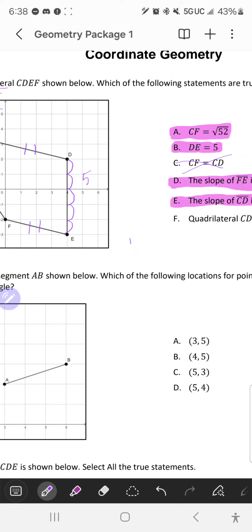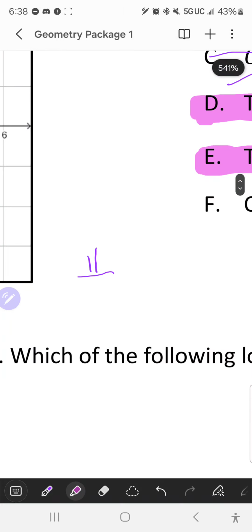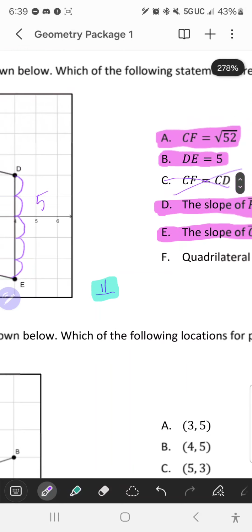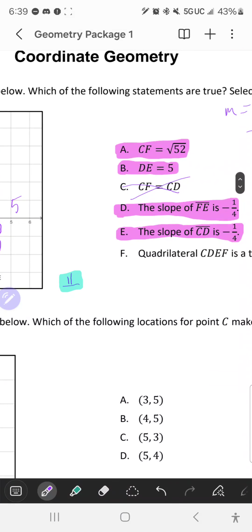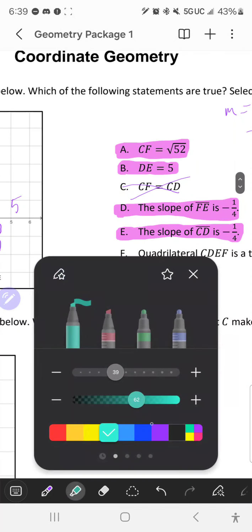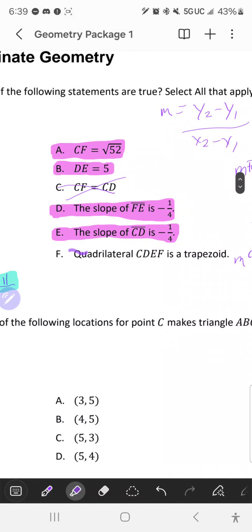For a line to be parallel to the other, they need to have the same slope. And I draw this because this is the sign of parallel. It's widely used to represent that a line is parallel to the other. It's like a happy face. I don't know. So as you can see, since they are parallel to each other, we can say that indeed quadrilateral CDEF is a trapezoid.